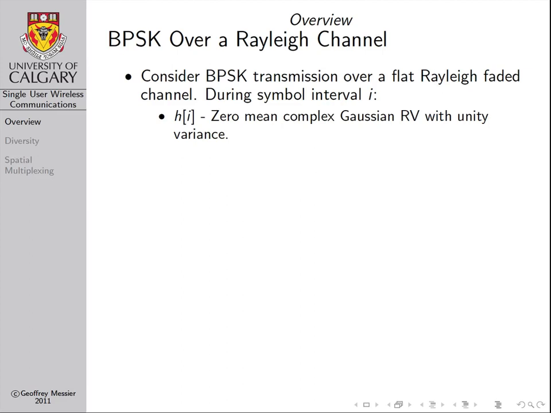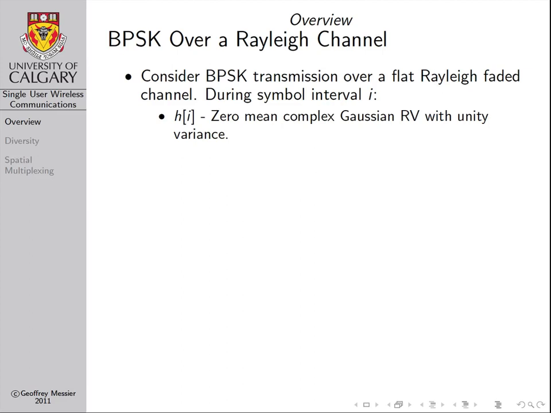For Rayleigh fading, h is a zero mean complex Gaussian random variable with unity variance. This unity variance is worth mentioning because it basically means that the average gain of our channel is 1. Now, we know from the wireless channel module that in addition to small scale fading effects, the channel also has large scale effects which serve to attenuate the signal.